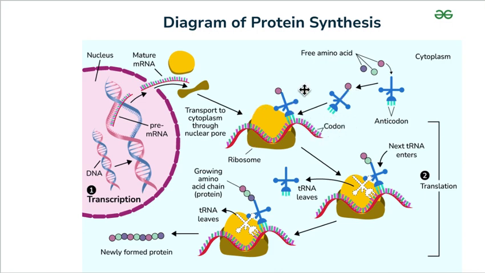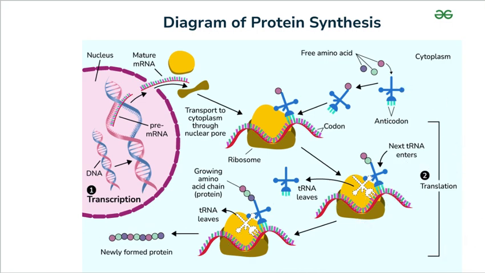As more anticodons pair up, all these amino acids grow in a chain. The tRNA leaves. Only three tRNAs are allowed: one is ready, waiting to bind on, one is reading it, and the other one is leaving. That's basically how it works, and it's called translation.